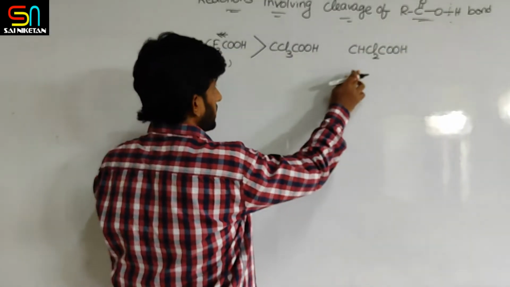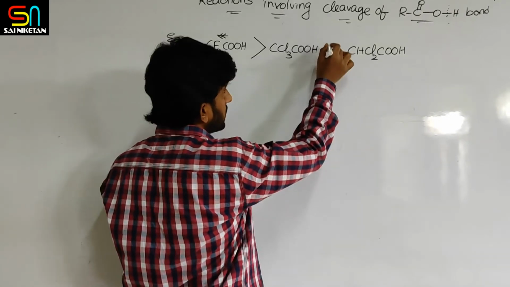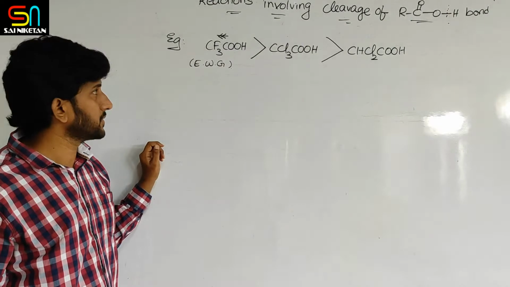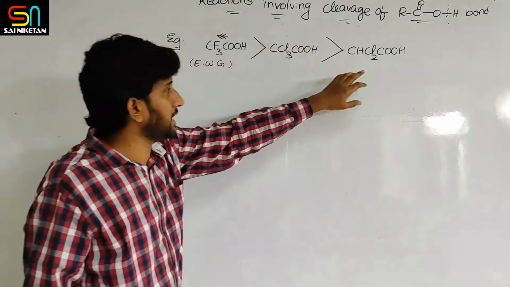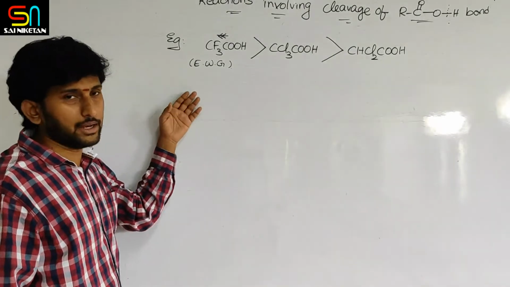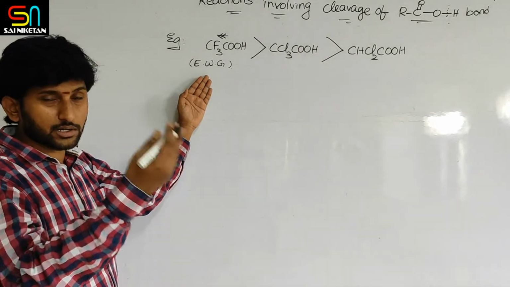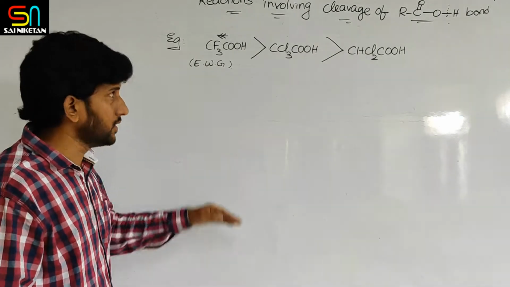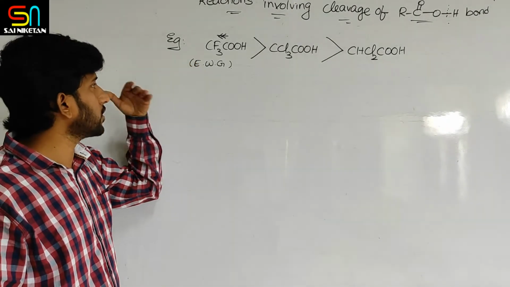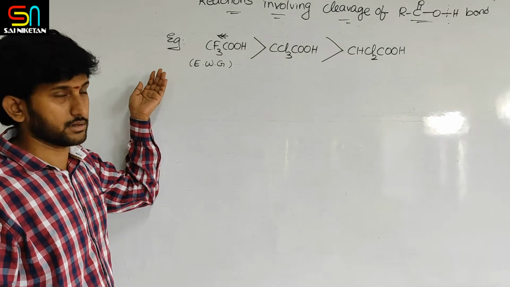Among trichloro and dichloro, trichloro is more electron withdrawing, so it is more acidic than dichloro. So the more the number of halogen atoms and the more the electronegativity of the halogen atoms, the more the electron withdrawing nature and the more the acidic character.